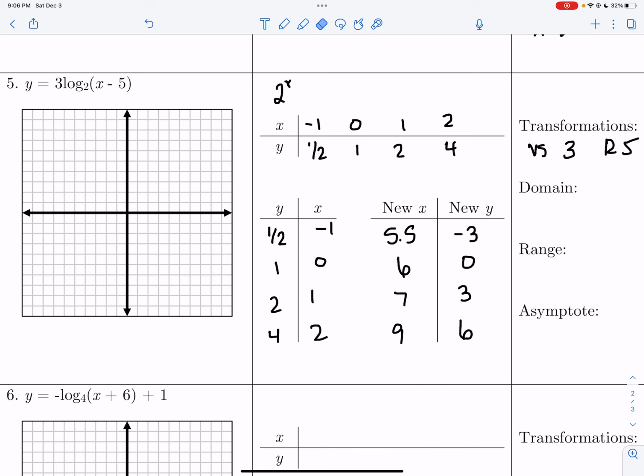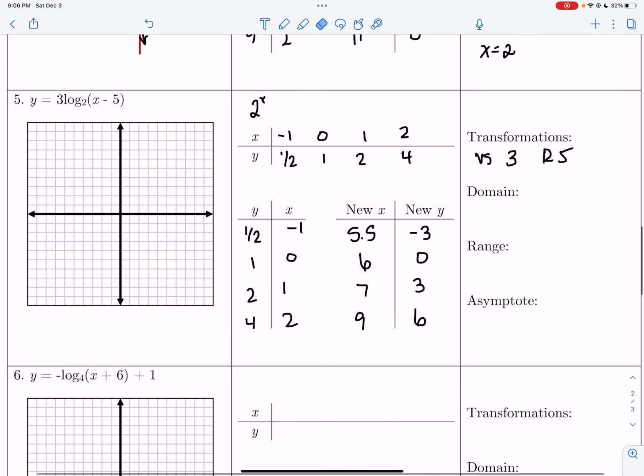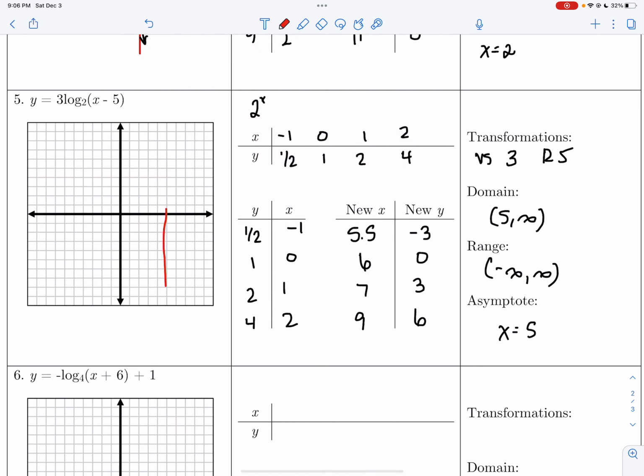minus 5. My domain is going to be from 5 to infinity because my argument can't be anything less than 5. My range, -infinity to +infinity. And your asymptote, based off of my restriction, is at 5.